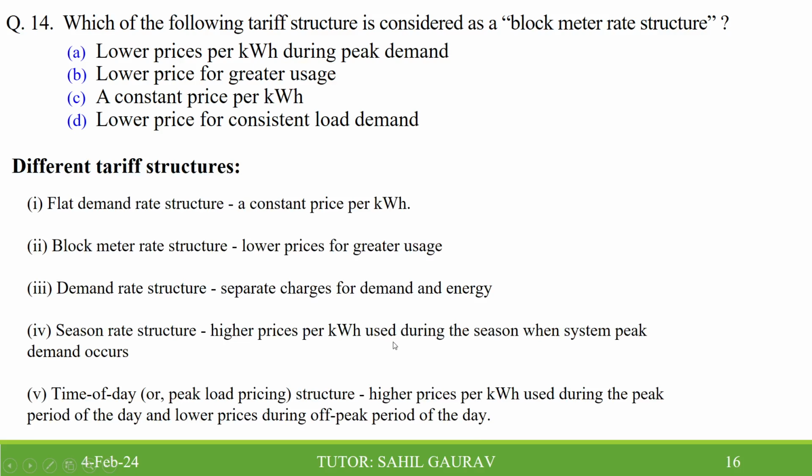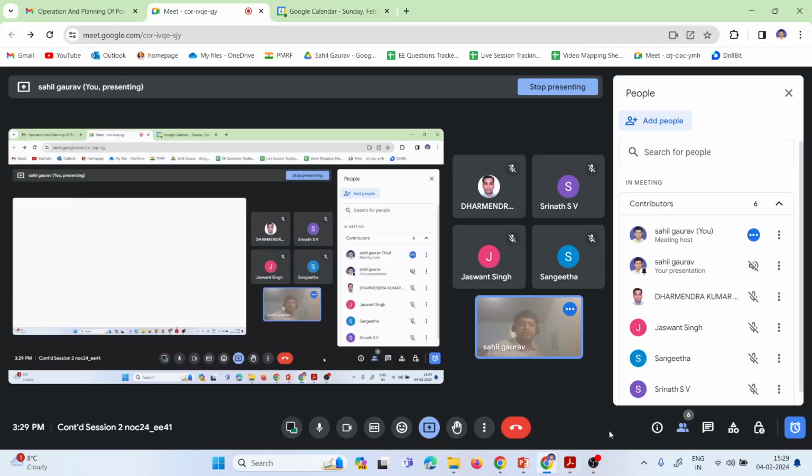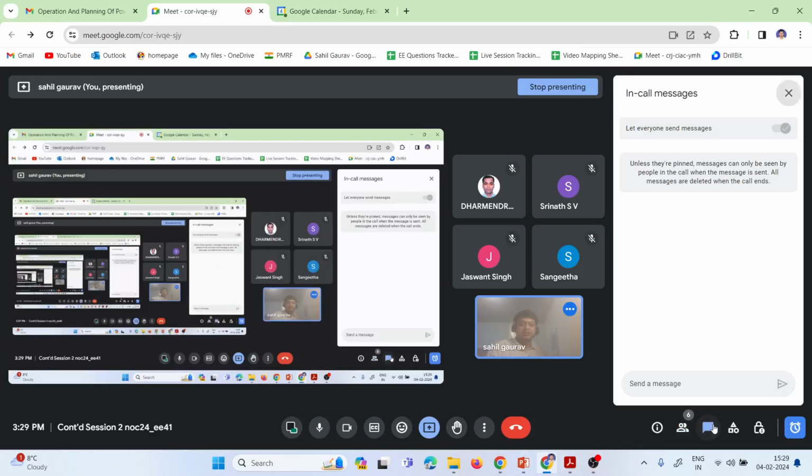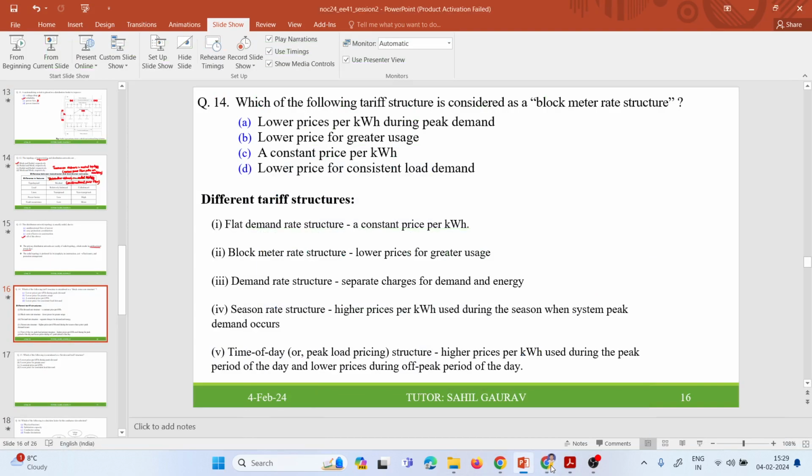So first I want to see how many of you reply. You can type here on the chat box if you know. Option C, Srinath is saying option C. No, it is incorrect.